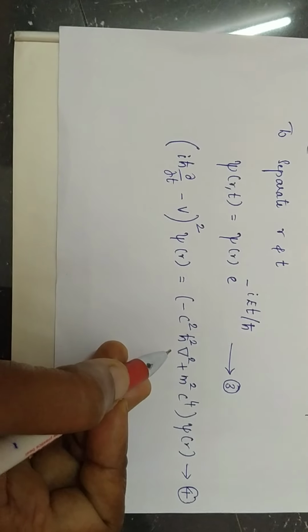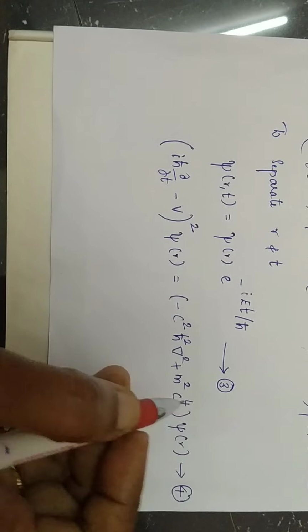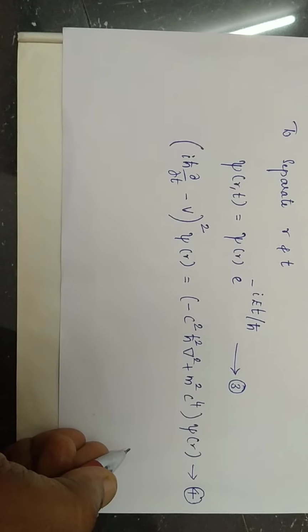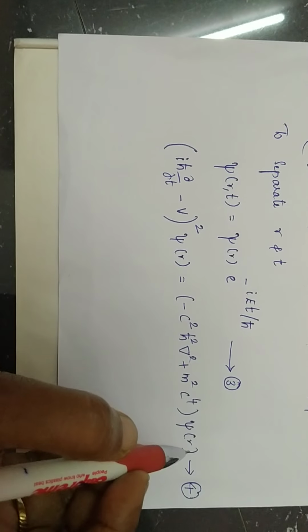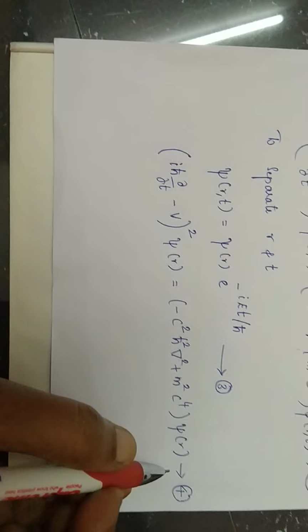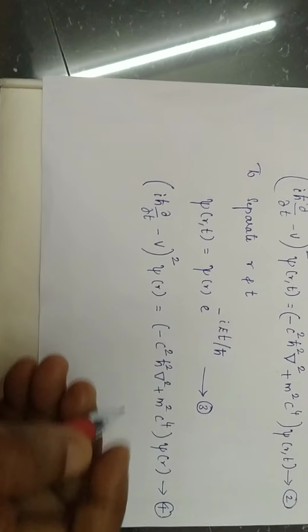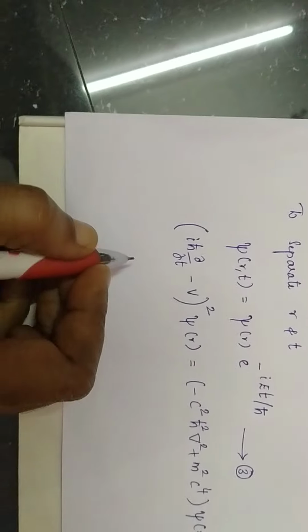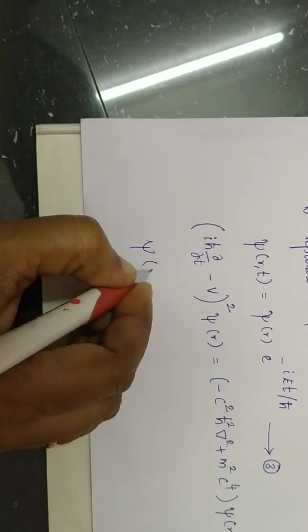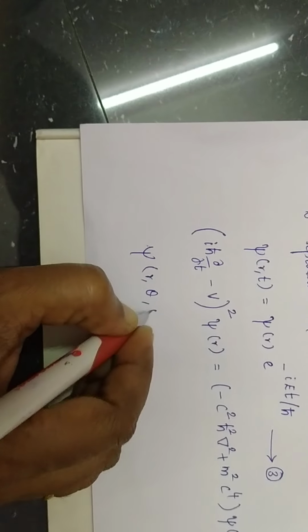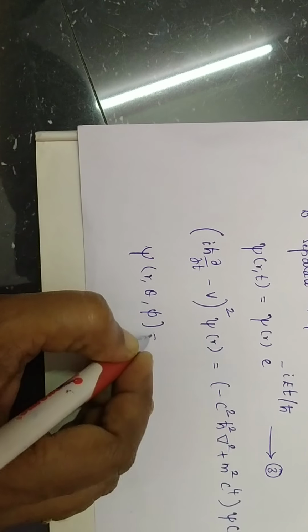Since it is a spherical type of particle, we are supposed to go for spherical polar coordinates. So instead of writing psi of r, we have to write psi of r comma theta comma phi. That is the correct expression for a charged particle.